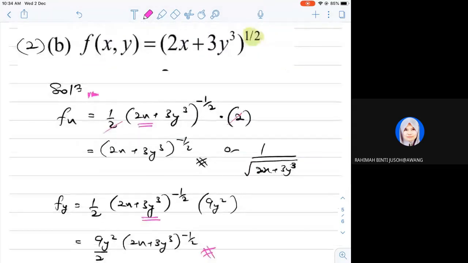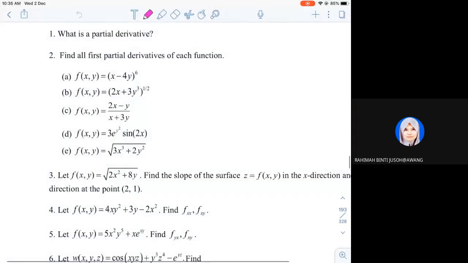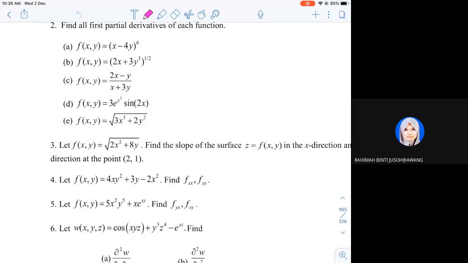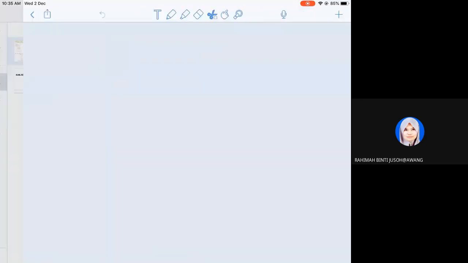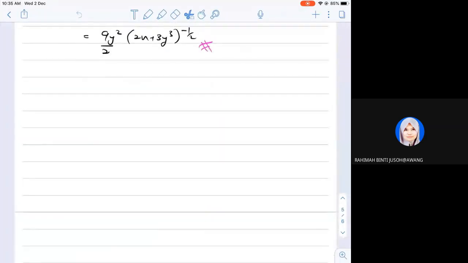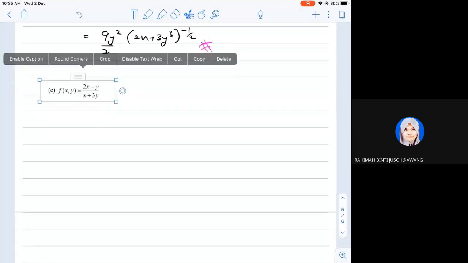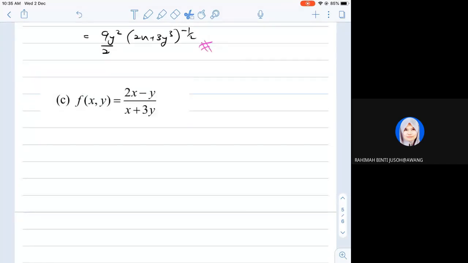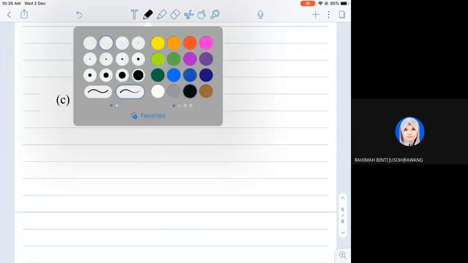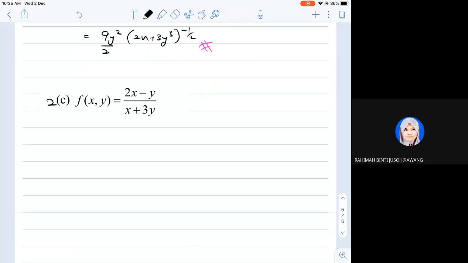Okay, next. Which question do I want to do now? Okay, let us do question 2C. Okay, 2C. This is what we call a fraction.